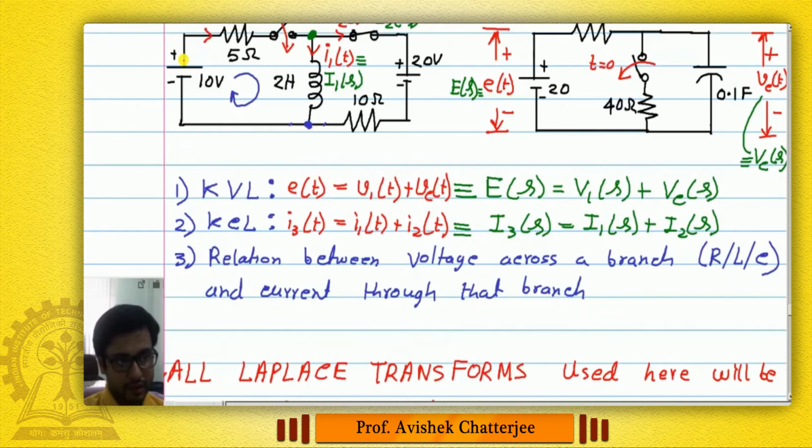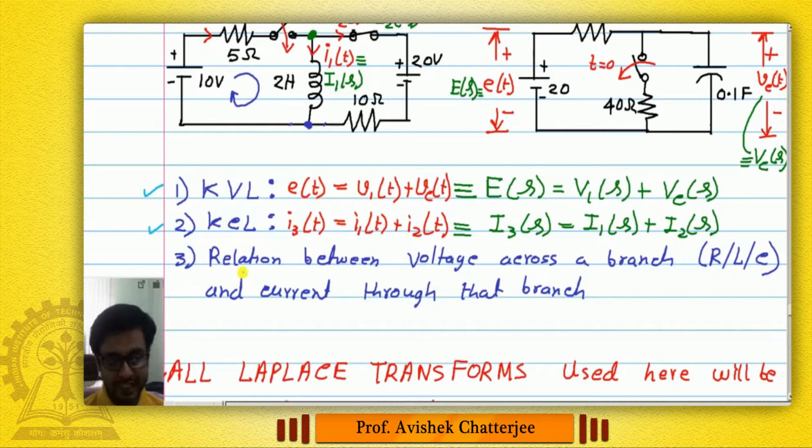Now, we have seen that the KVL and KCL equations in terms of Laplace transform of voltages and currents look exactly similar to the KVL and KCL in time domain.